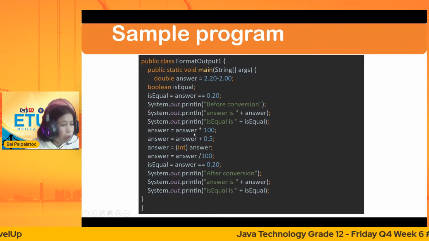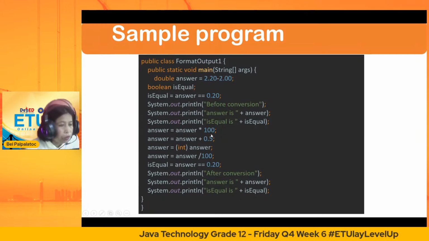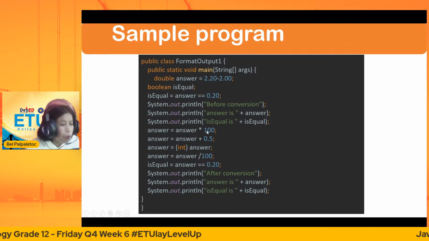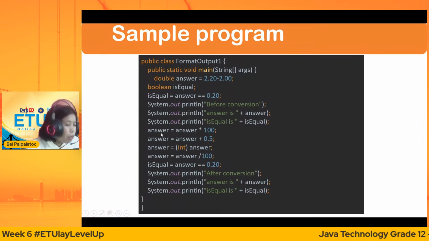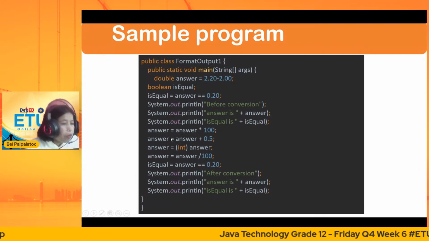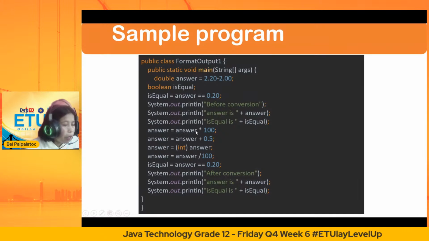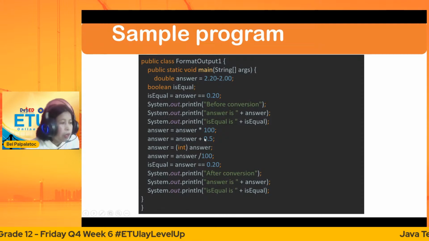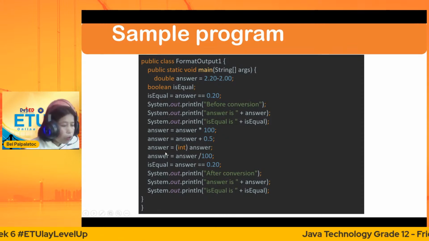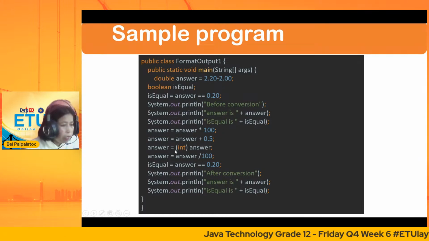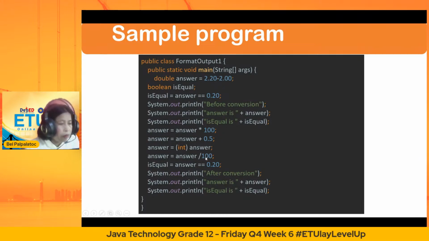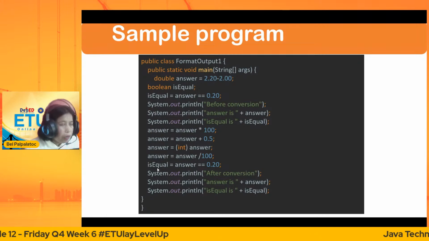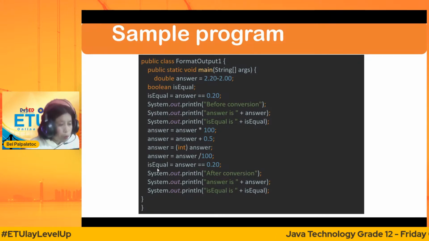But prior to that, we multiply answer by 100, 2.20 multiplied by 100, and put it in the variable answer. Then the output of that, we add 0.5, for example. And then the answer, we divide by 100, and put it in the variable isEqual, making it a boolean, true or false.